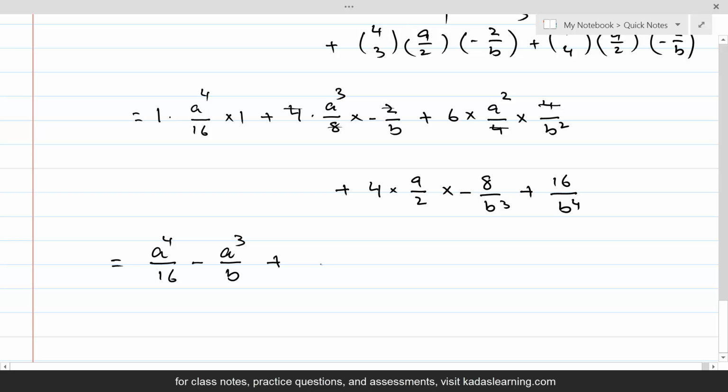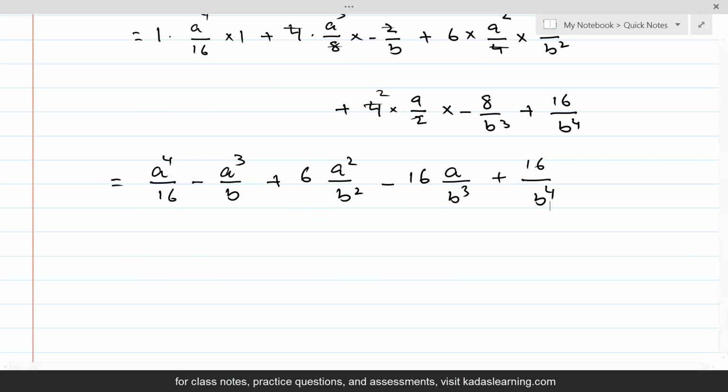This will become plus 6a^2/b^2, and this becomes minus 16a/b^3 plus 16/b^4.